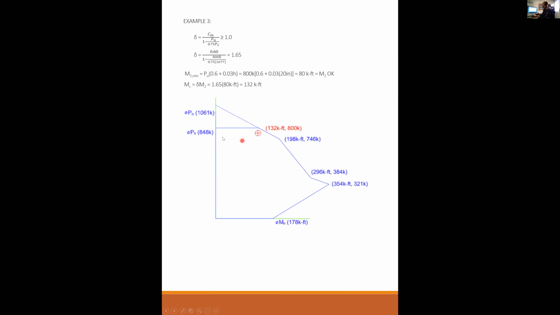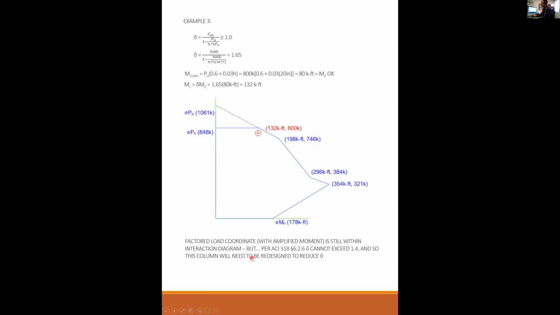And when I plot 800 and 132, it still falls inside of my interaction equation. So by mechanics of materials, it works. It's still within the capacity of the column. The factored load coordinate with amplified moment is still within the interaction diagram.